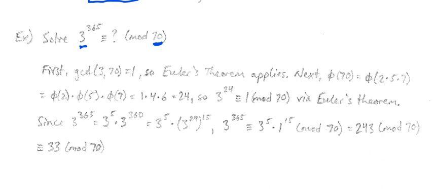So I'm going to do a little bit of work with the exponent there, and thus also our base. 3 to the power 365 is equal to 3 to the 5th times 3 to the 360. I'm breaking it down into the product of two things that have the same base.